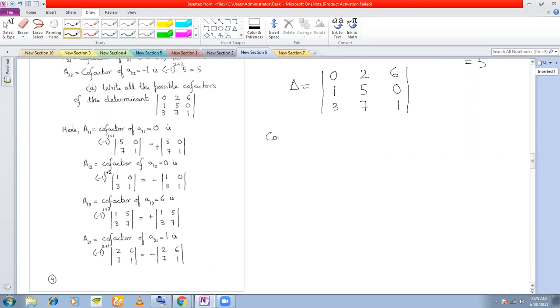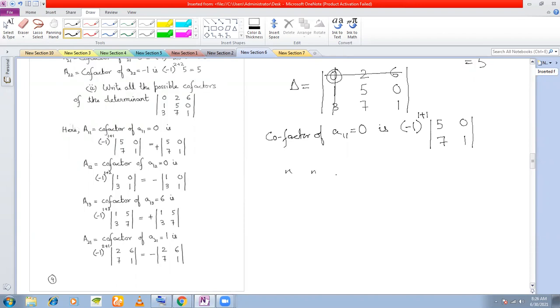If I want to calculate the cofactor of A11 equal to 0, how do I calculate? First, this element belongs to the first row, first column. Now I'll hide this row and this column. What is the minor that I'm getting? 5, 0, 7, 1.